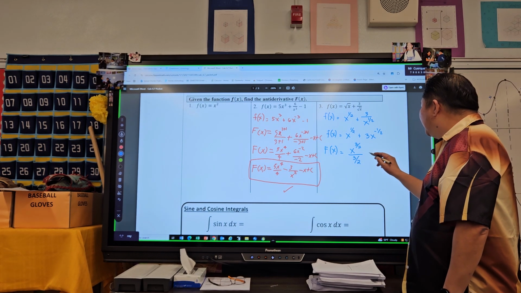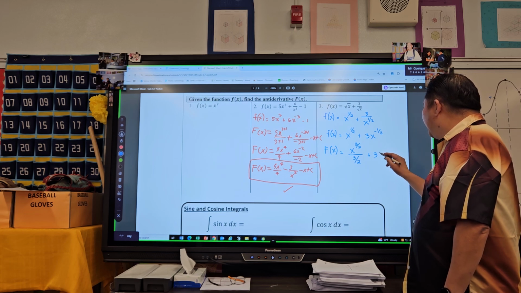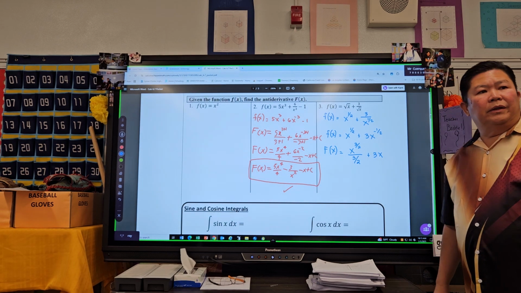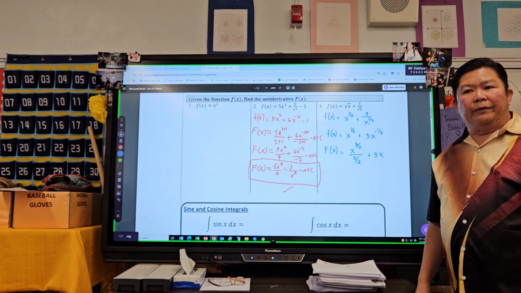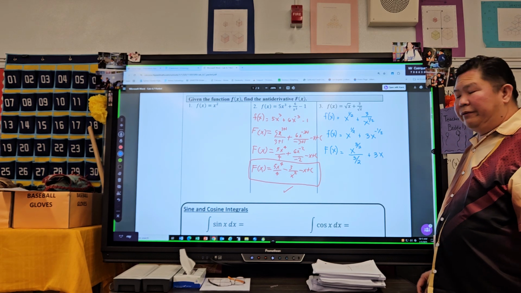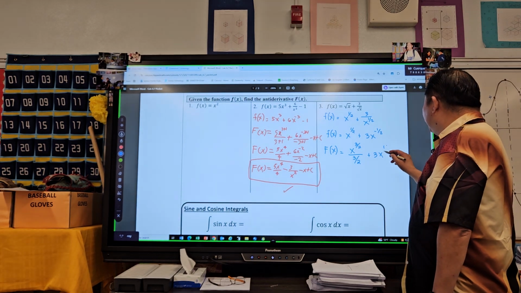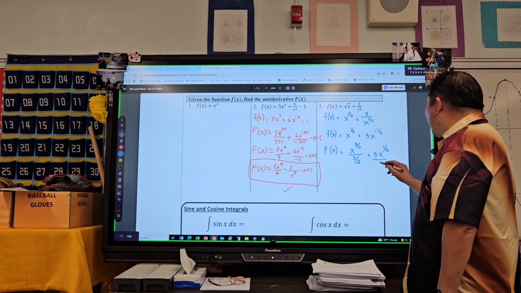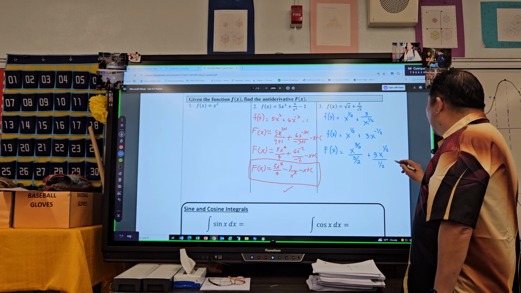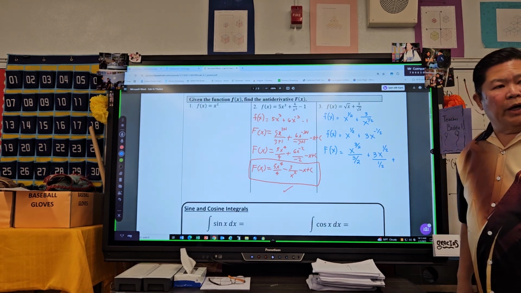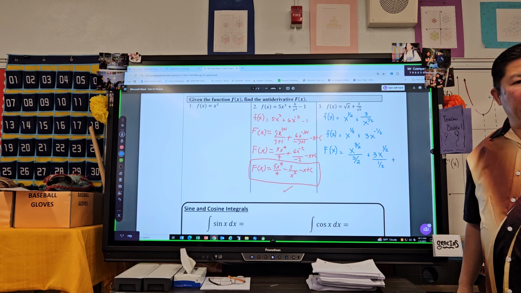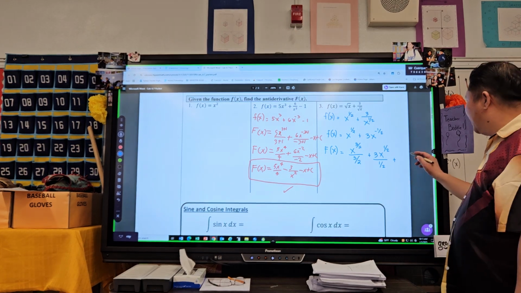And then plus 3x, and then negative 1/2 plus 1. It's gonna be 1/2. Okay, 1/2 over 1/2 also. And then plus what? What is missing? Plus c. Okay, plus c.